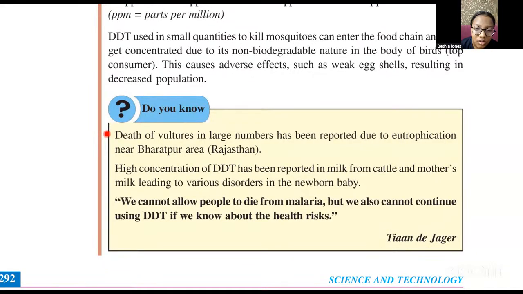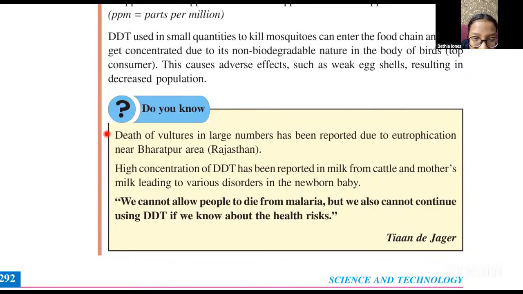Can you see this? Did you know death of vultures in large numbers has been reported due to eutrophication near Bharatpur area, Rajasthan?